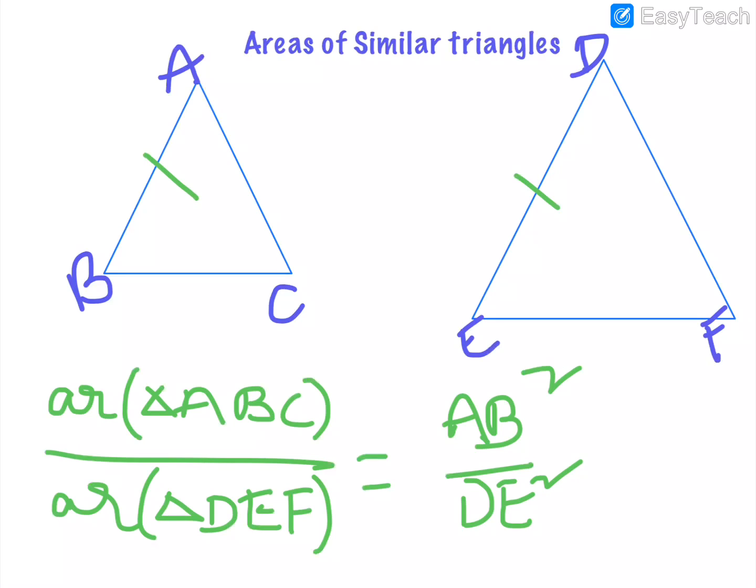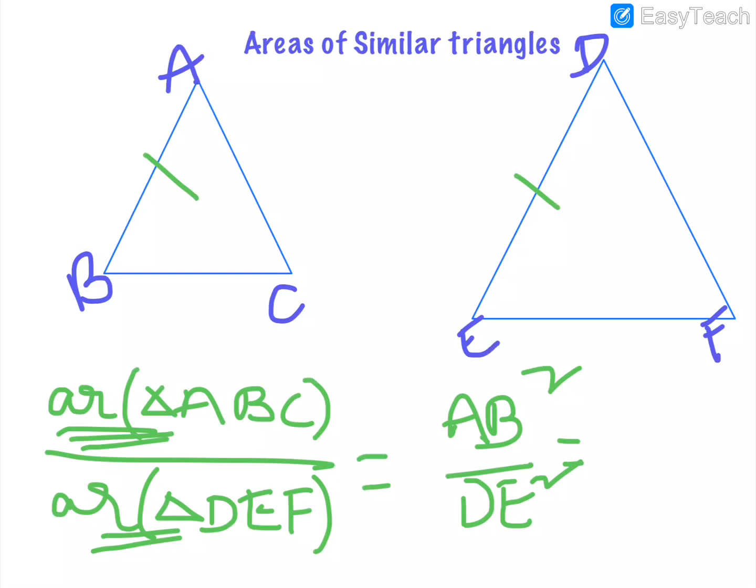This is the key concept here. If there are two similar triangles, the ratio of their areas is equal to the square of the ratio of corresponding sides. We are thinking about area, not about anything else.